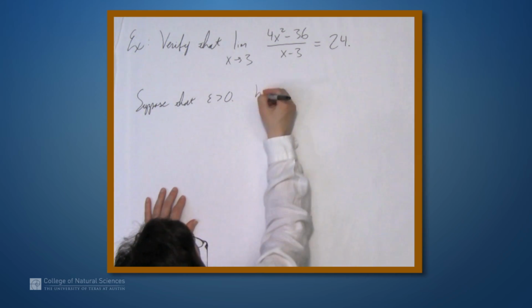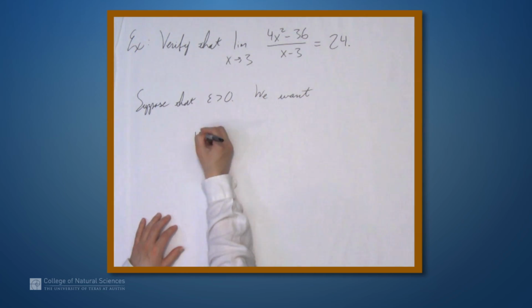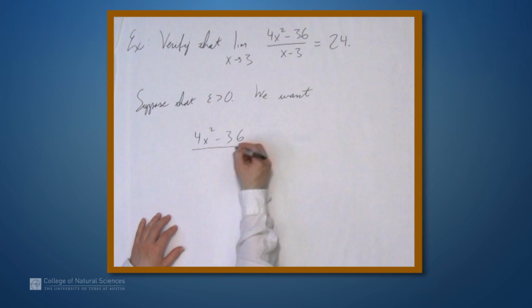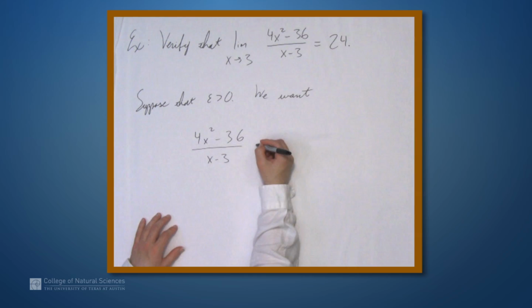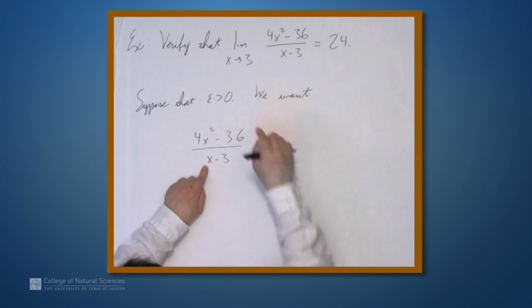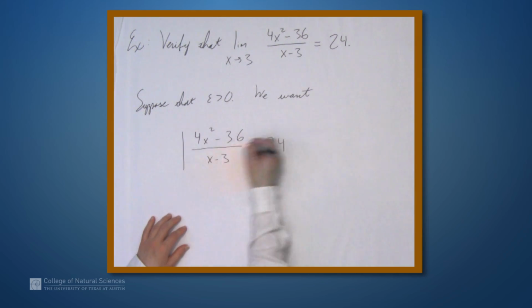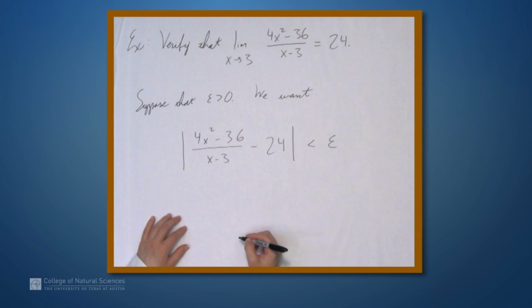So we want the expression of our function, 4x squared minus 36 all over x minus 3, to differ from our limit candidate, which is 24, by less than epsilon.